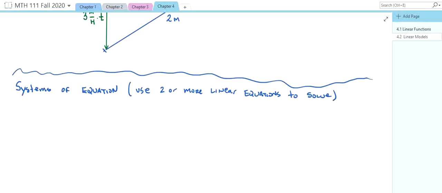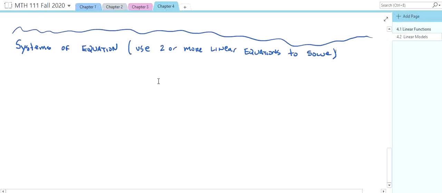Okay, another thing we might end up doing when we're working with linear equations is we might use systems of equations to solve for pieces of information. For example, 2 or more linear equations, so 2 lines.